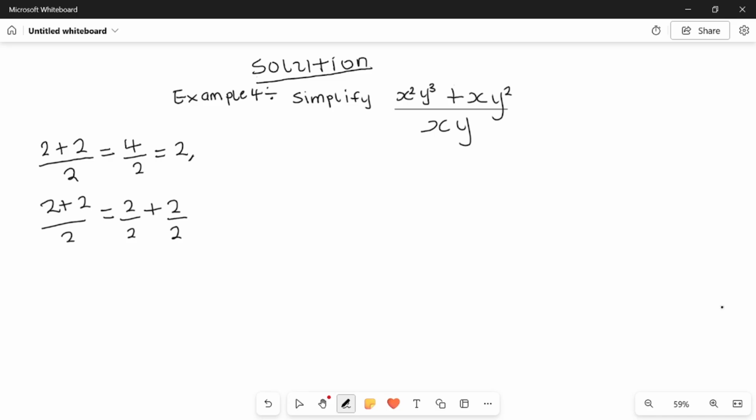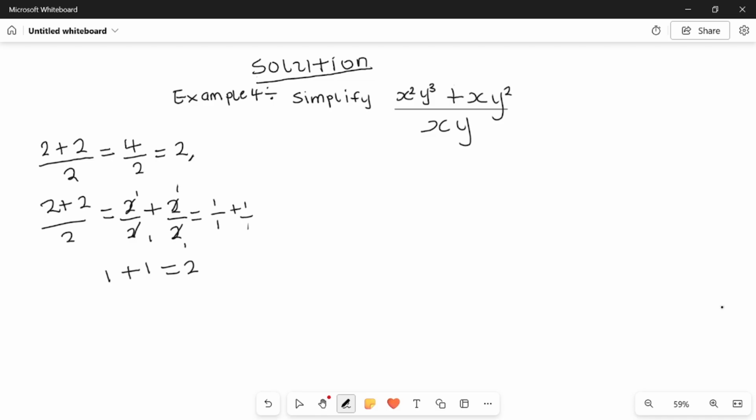So if you write it like this, 2 over 2 plus 2 over 2, it will now be equals to what? 2 here will give us 1, 2 here will give us 1. So we now have that 2 over 2 plus 2 over 2 equals 1 over 1 plus 1 over 1. 1 divided by 1 is 1, plus 1, which will still give us 2.